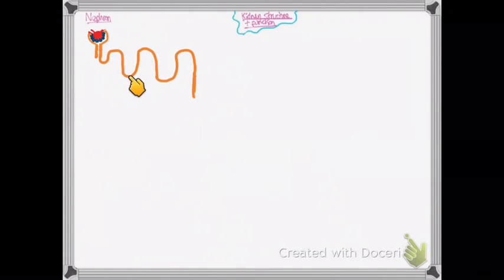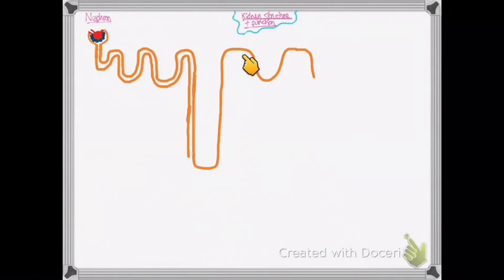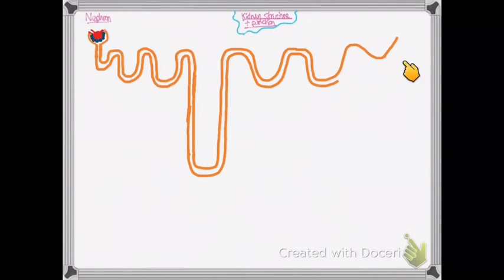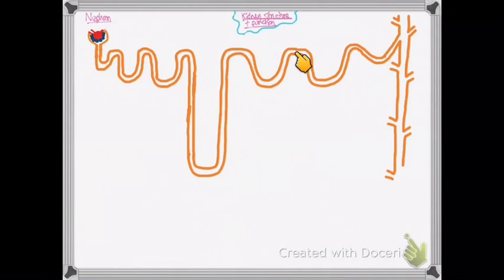And then we've got our proximal convoluted tubule, loop of Henle, distal convoluted tubule, and then our collecting duct, which has lots of nephrons joined together. We don't just have one. Remember, we've got millions of nephrons in each kidney, and they join at different points. One collecting duct can join many nephrons together.